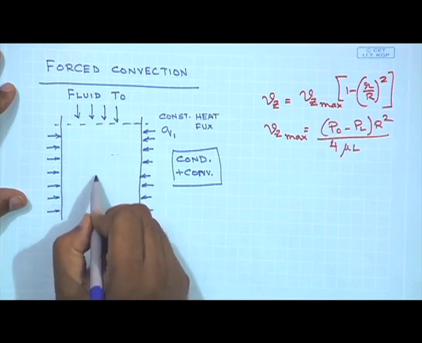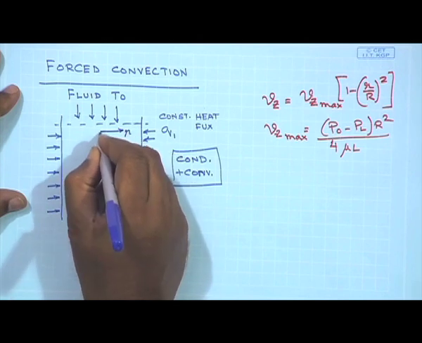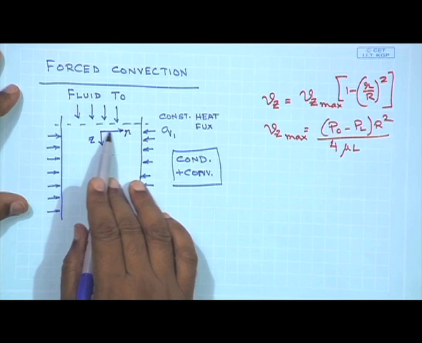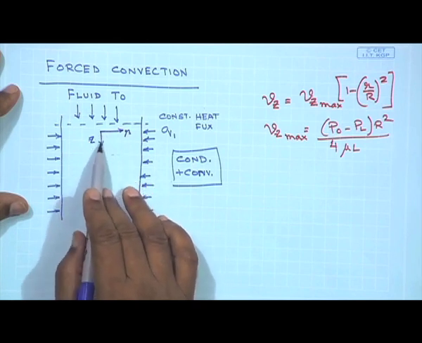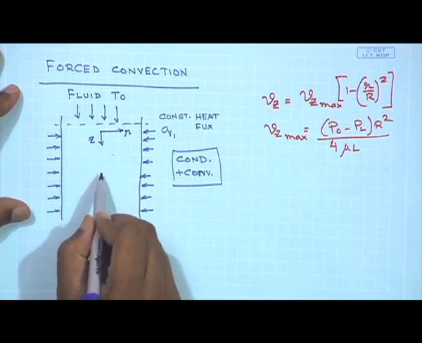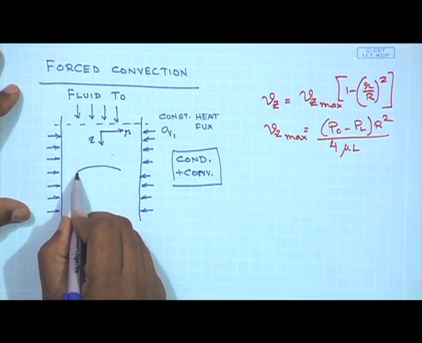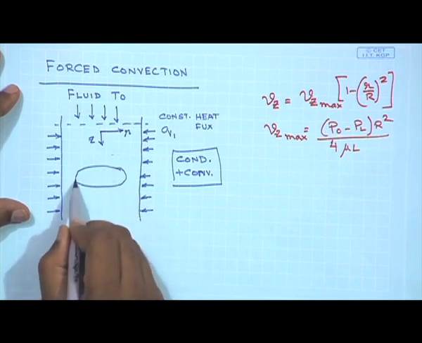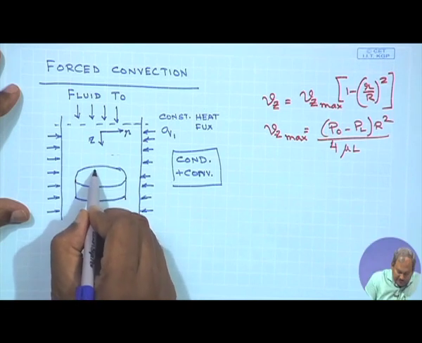and the temperature varies with Z. So, this is my R direction and this is the Z direction. So, here we see that the temperature varies with R and the temperature varies with Z. So, if I have to assume a shell for our balance, the shell will be something like this.